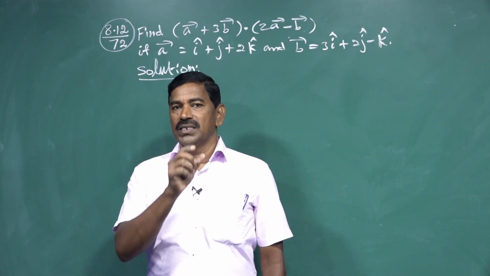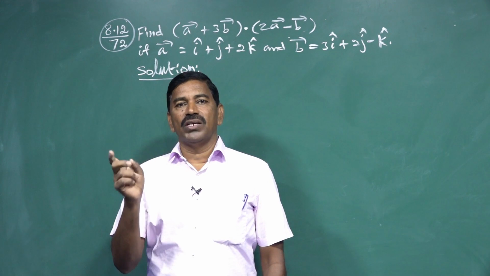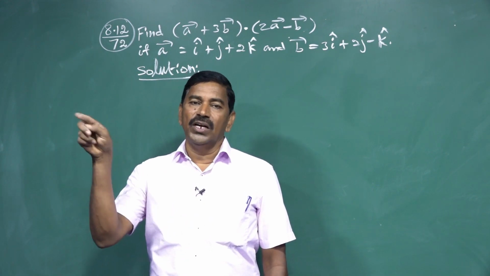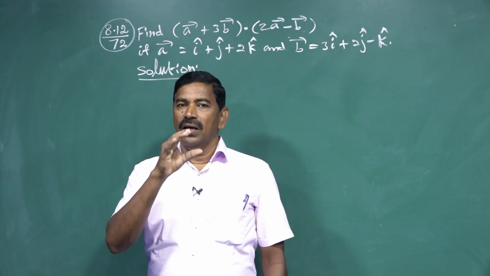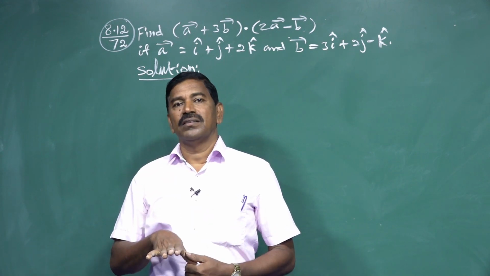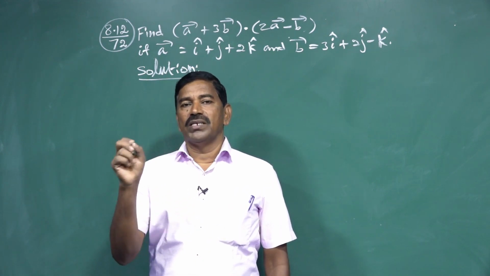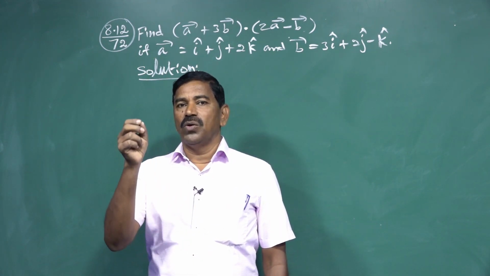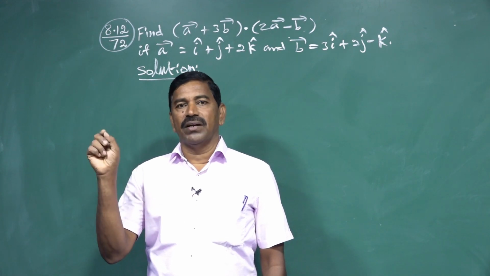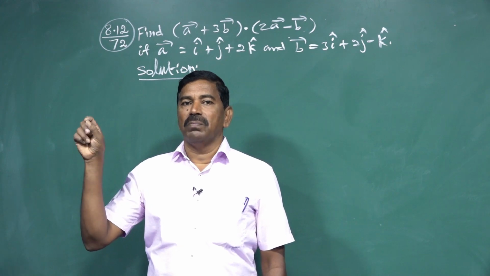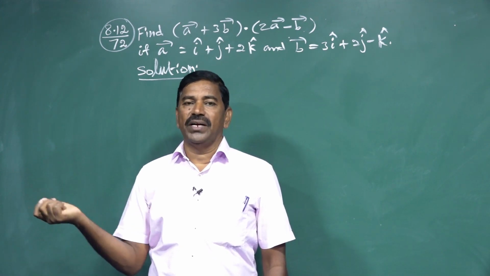A vector dot B vector is equal to modulus A vector into modulus B vector into cos theta. By the value of dot product, for example, A vector dot B vector, suppose let A vector equal to I vector plus J vector plus K vector, and let B vector be equal to I vector minus J vector plus 2K vector.